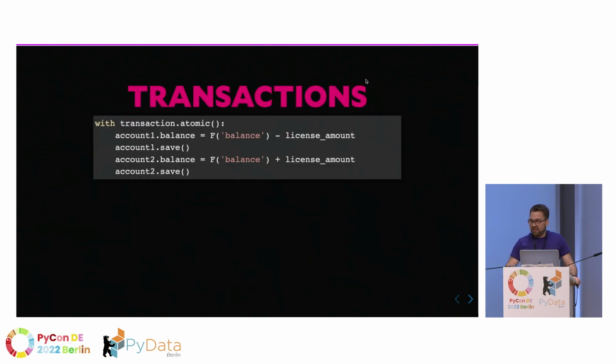Luckily, your database has you covered by providing transactions for this, and it is very easy to use them as Django provides a context manager for these kinds of transactions. If you put this whole thing into this context manager, you're guaranteed that either none of these updates or both of them are applied to your database. That's a guarantee your database gives you.